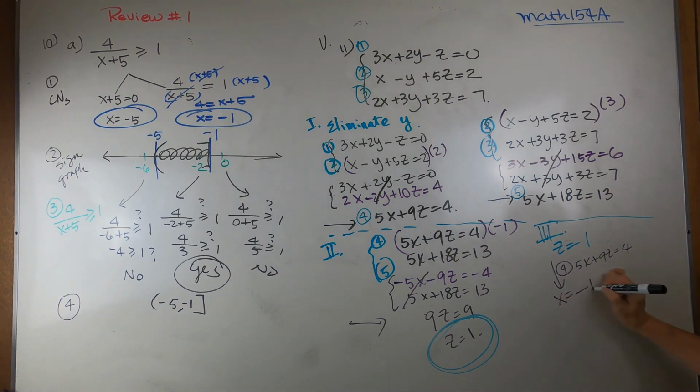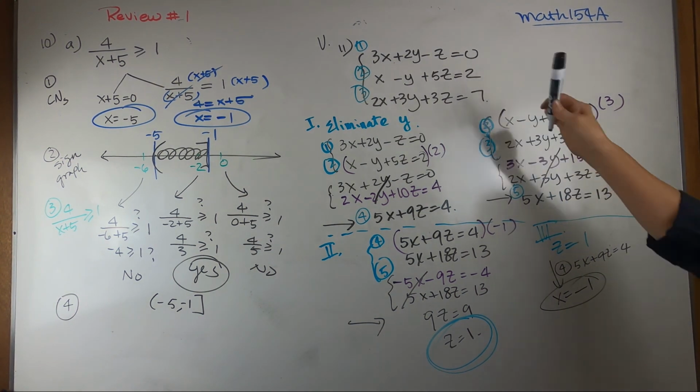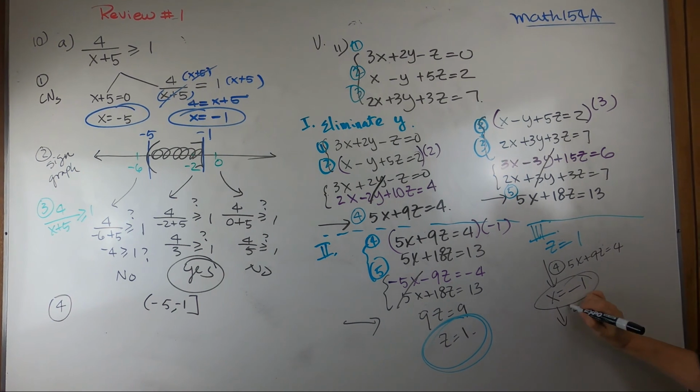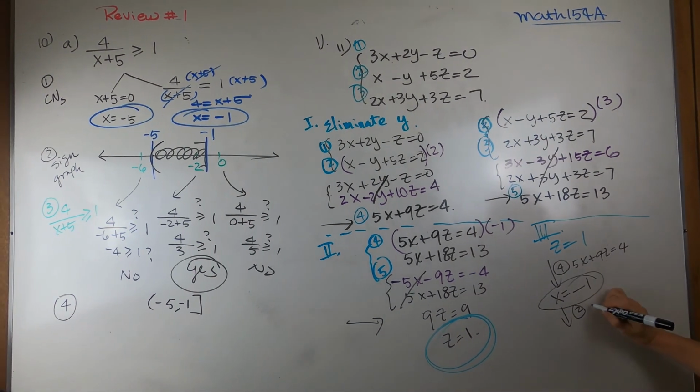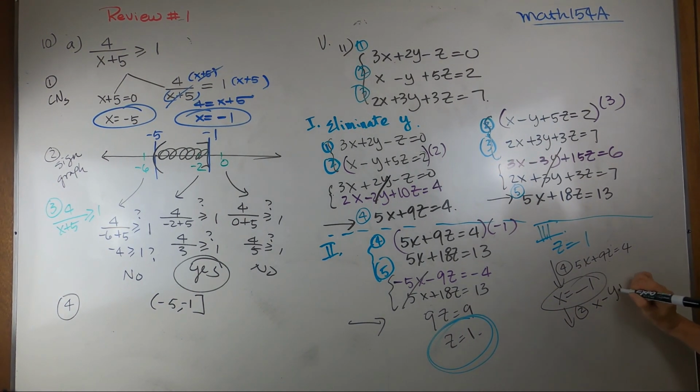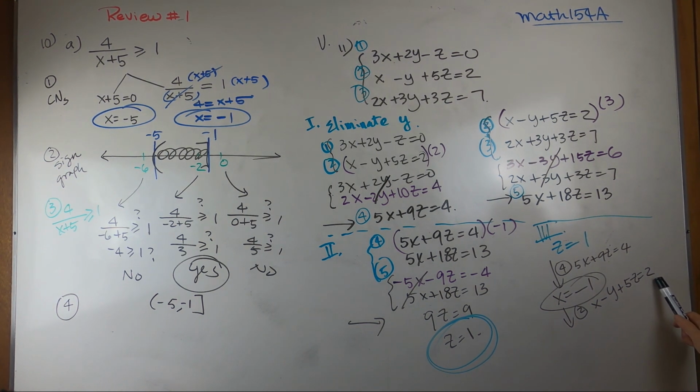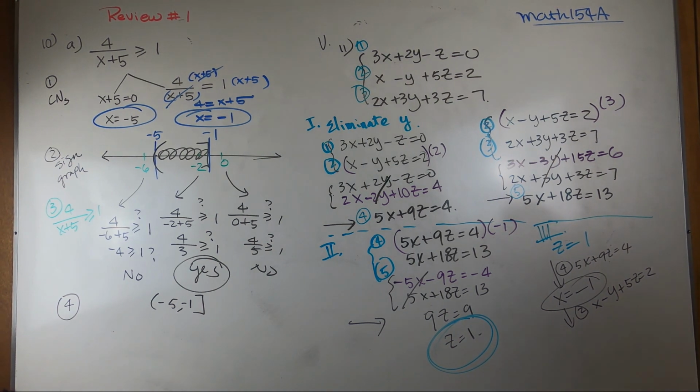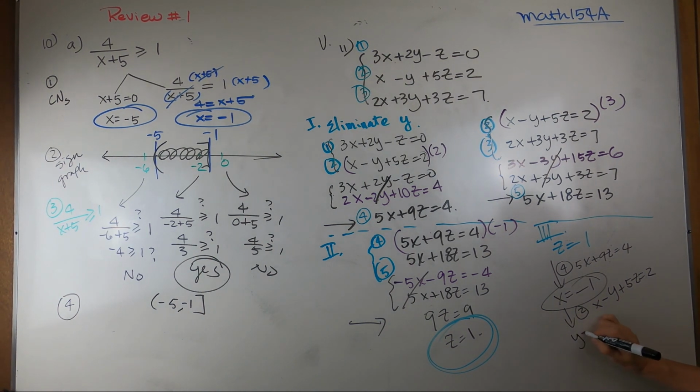So x is negative 1. Now I can plug into the second equation, which looks easier: x minus y plus 5z equals 2. So z is 1, that's 5, and negative 1. It's 4 minus y equals 2. Then y is 2. Okay, you can do that.